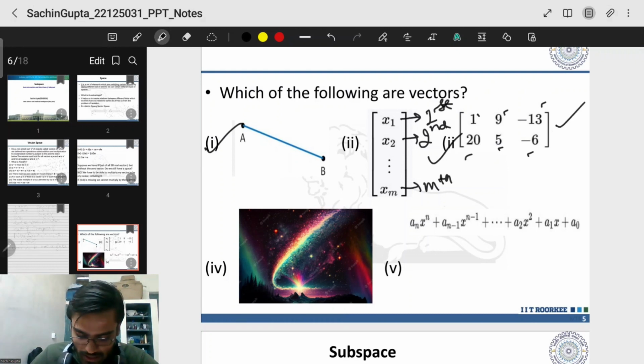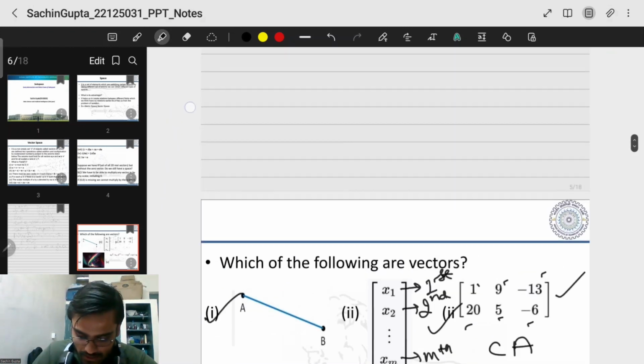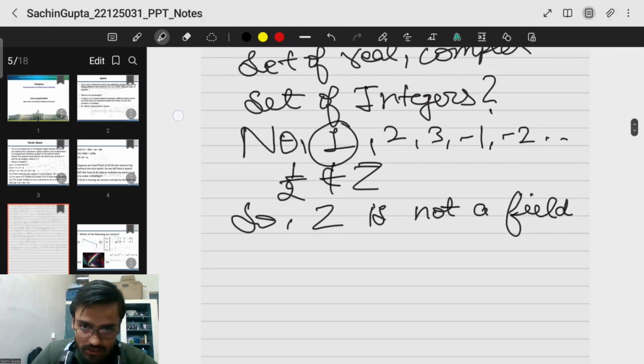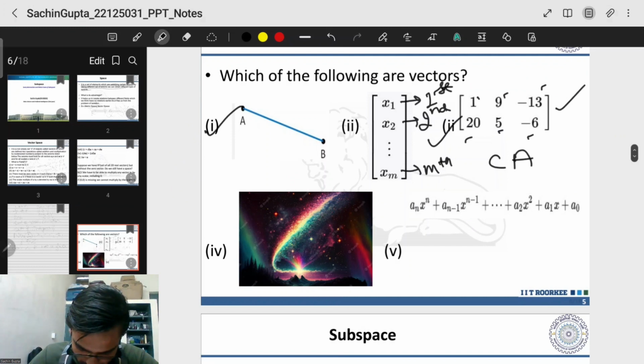Because for vectors, we can add two vectors, and we can multiply a vector by a scalar. Similarly, we can add two matrices, and we can multiply a matrix by a scalar c, so it will be cA. And for a matrix to be in the vector space, it must also follow some other properties that we have seen earlier. And this image can be treated as a matrix.